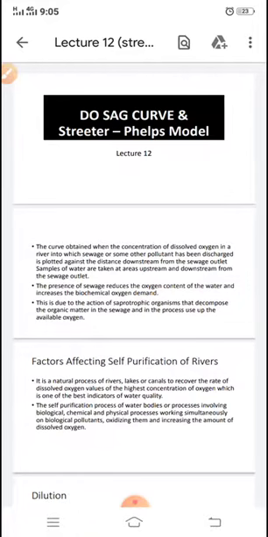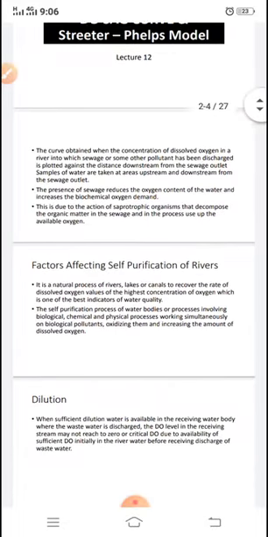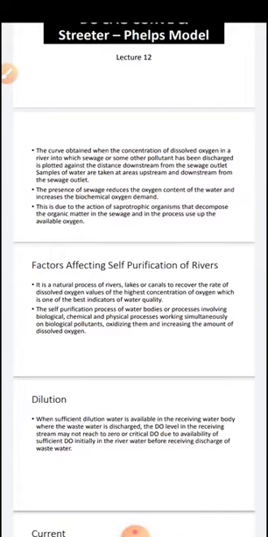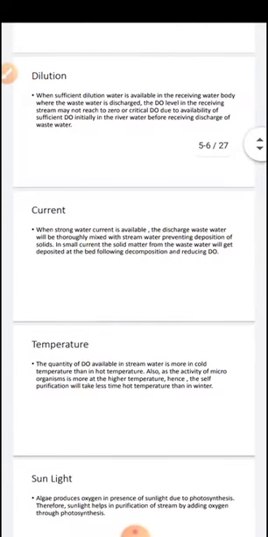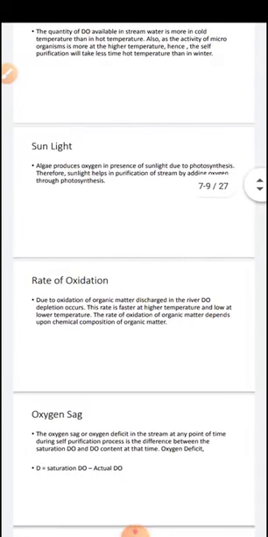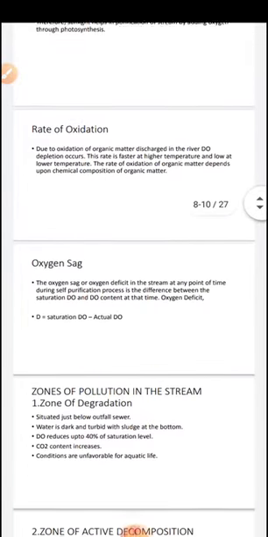Before going to that detail, we will just have a revision of all these things we talked about earlier. These are the self purification processes which play their role in reducing the organic content and pollution load in our water bodies. Starting with dilution, then currents and temperature, sunlight, rate of oxidation, oxygen sag.